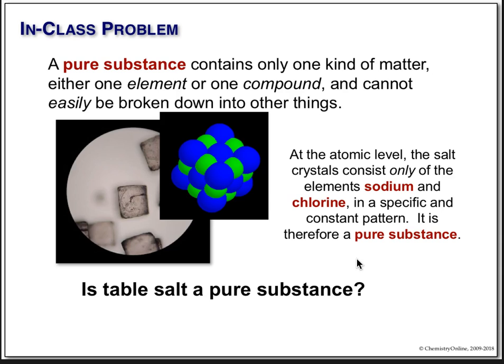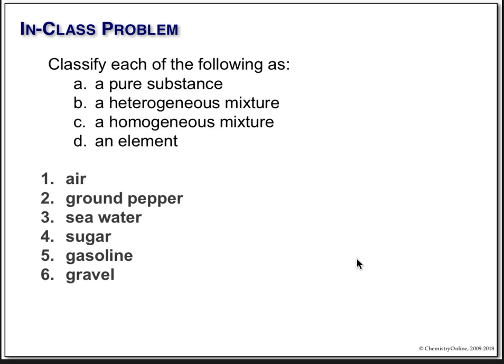It is a pure substance. Two different atoms, but still a pure substance. Look at a list. Just run through these quickly in your head and decide if they're pure substances, mixtures, or elements.